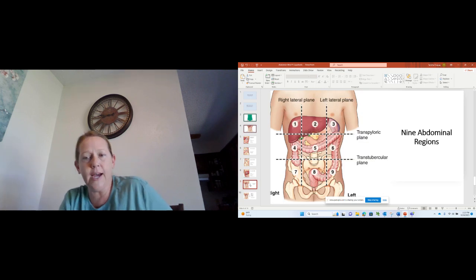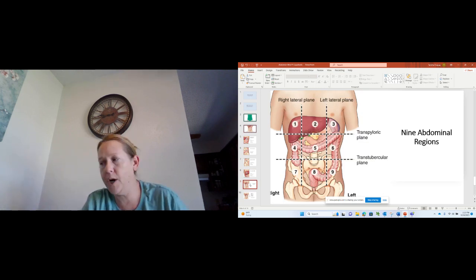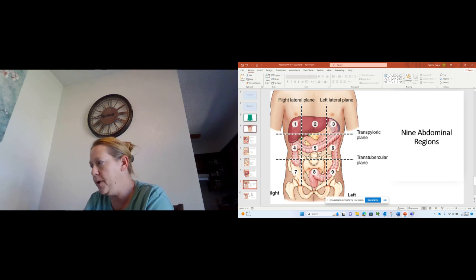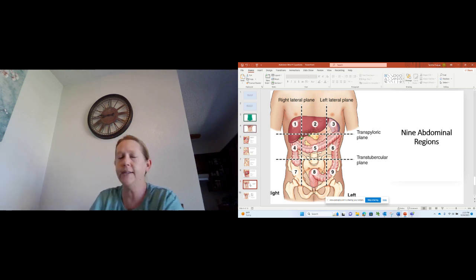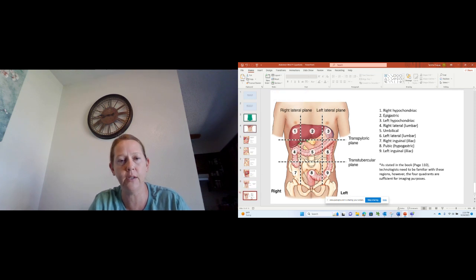So going to the 9 abdominal regions, we don't have to know every single blessed one of them. We just need to know that somebody may come in with epigastric pain. So epigastric is going to be number 2. Take a look here. Number 2, epigastric pain. It's in the middle of the gastric region. Number 5 is umbilicus pain, because that's where your umbilical region is.